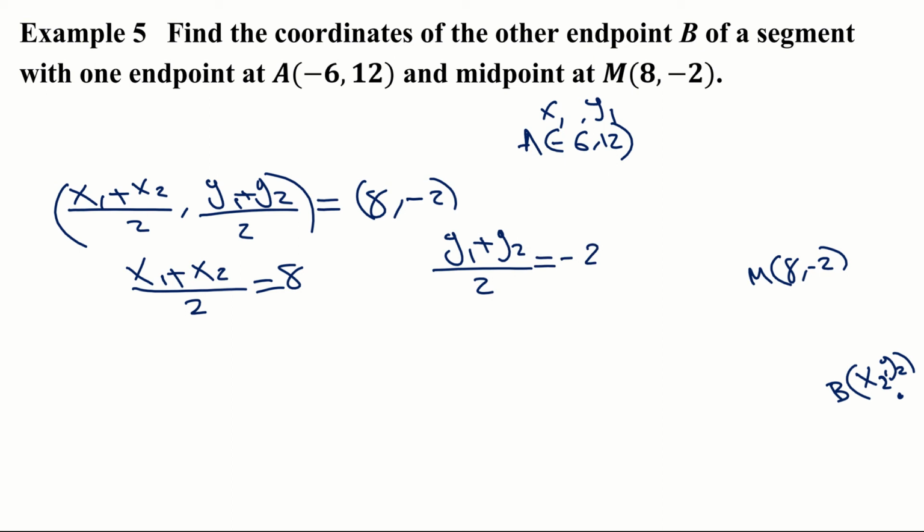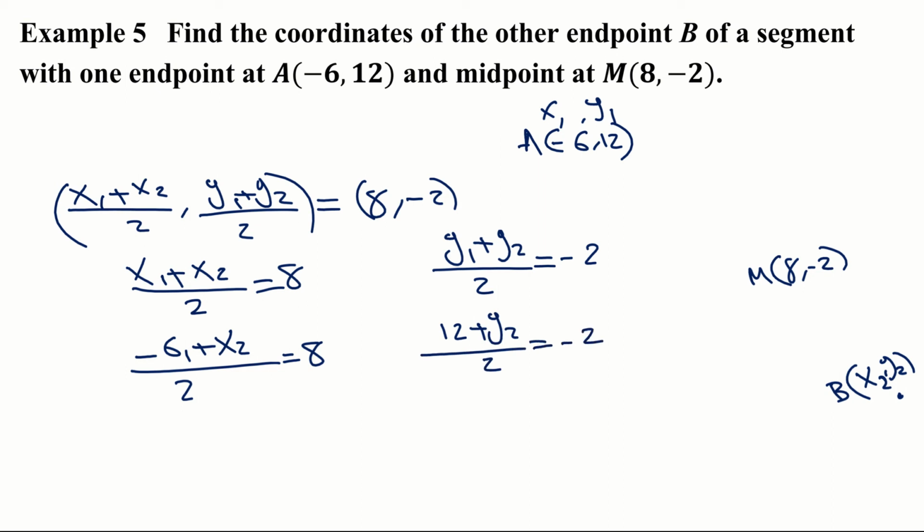Now we'll plug in what x1 is, which is -6. So we get -6 plus x2 over 2 equals 8. And for this other one, we'll substitute y1, which is 12, plus y2 over 2 equals -2.